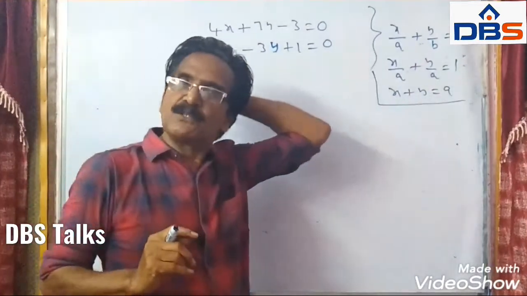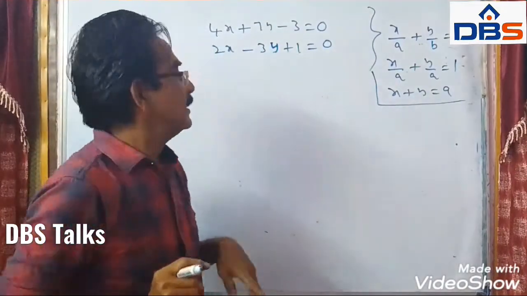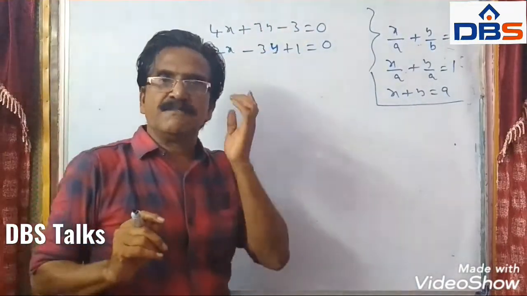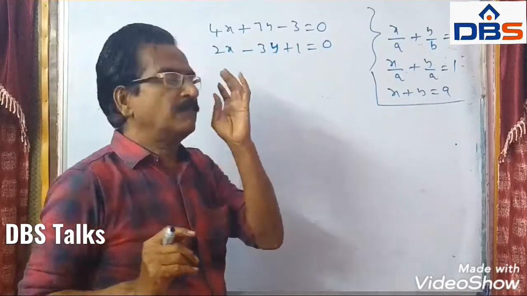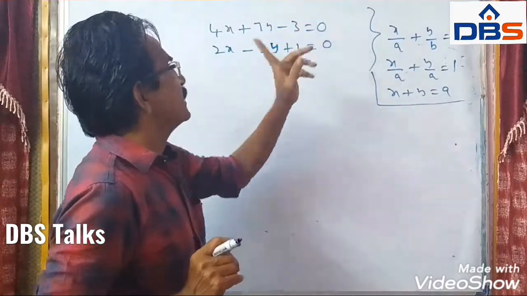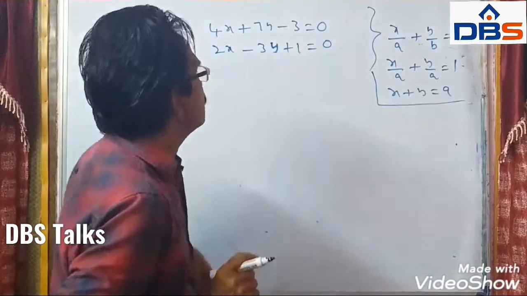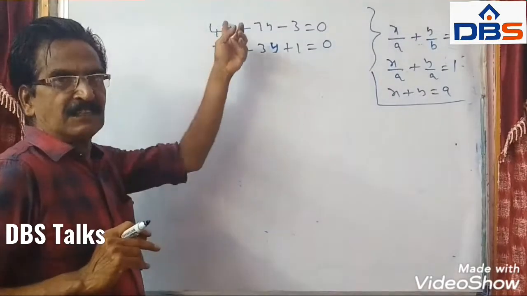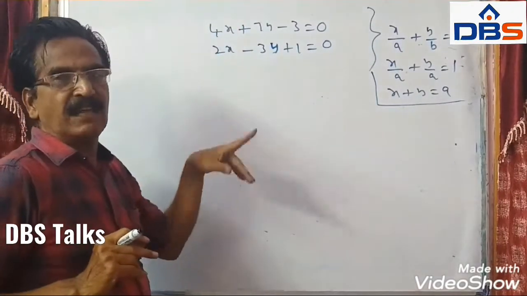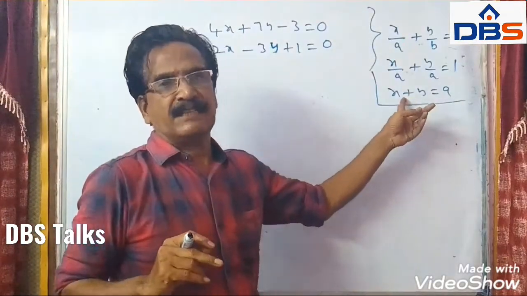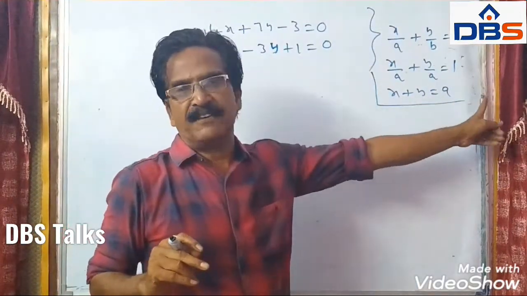See, we want the equation of the line through the point of intersection of these two lines. Now let us do this problem by solving these two equations and finding the values of x and y, so that we can substitute here the values of x and y, and we can find a.